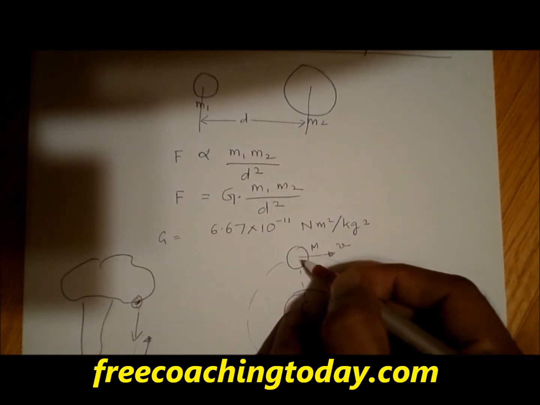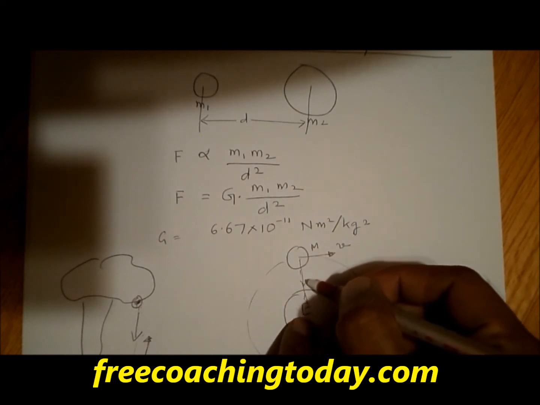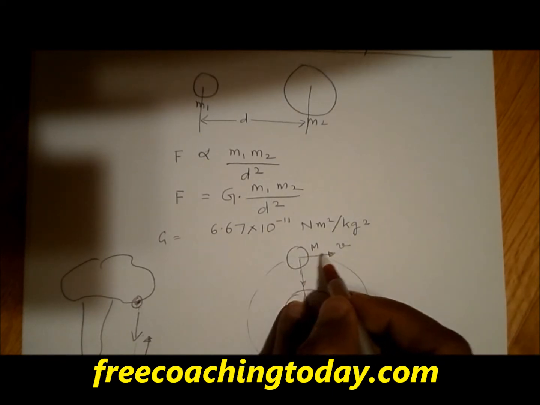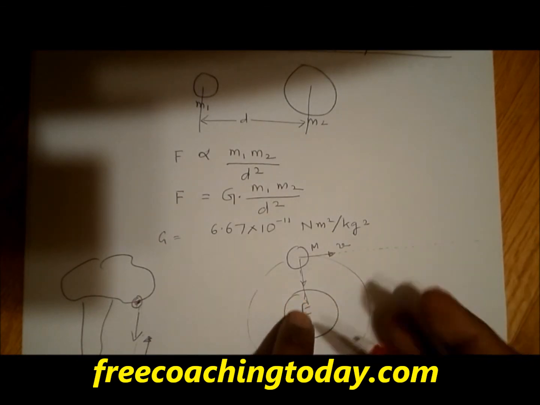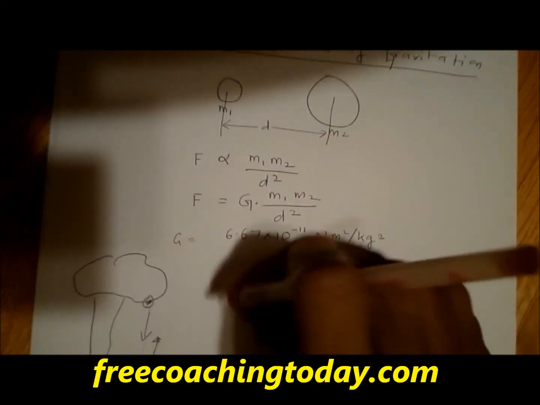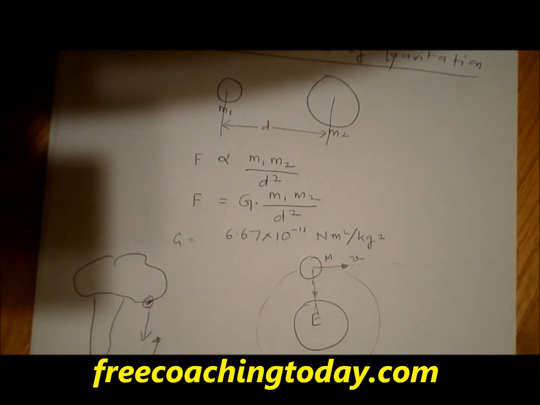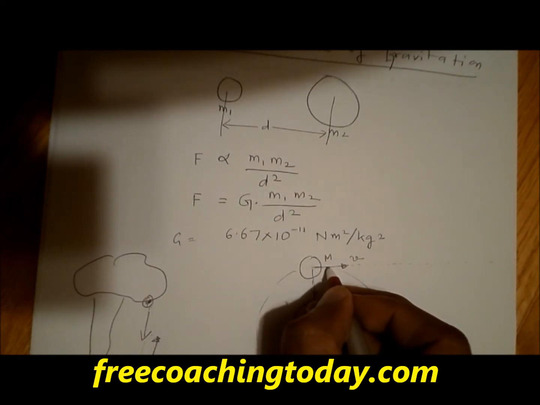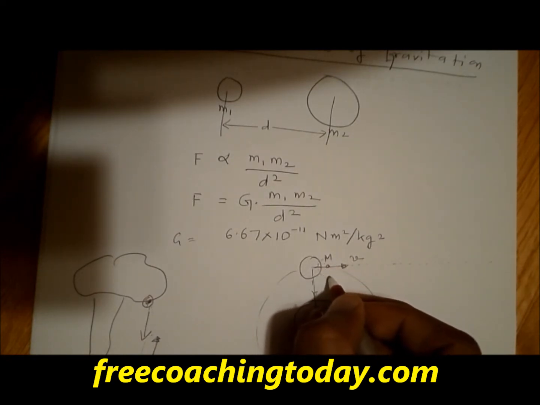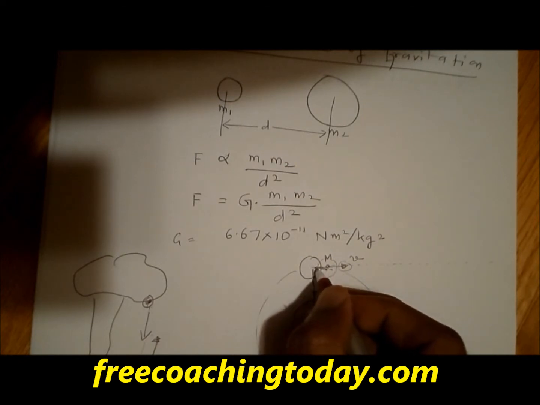Now, if there were no pull by the earth, the moon would have continued to move along this line and would have escaped the earth's gravitational force. But what happens? The moon goes a little bit here, it tries to go there. However, because of the earth's pull, its path is slightly deflected here. And the moon, instead of being there, comes here.